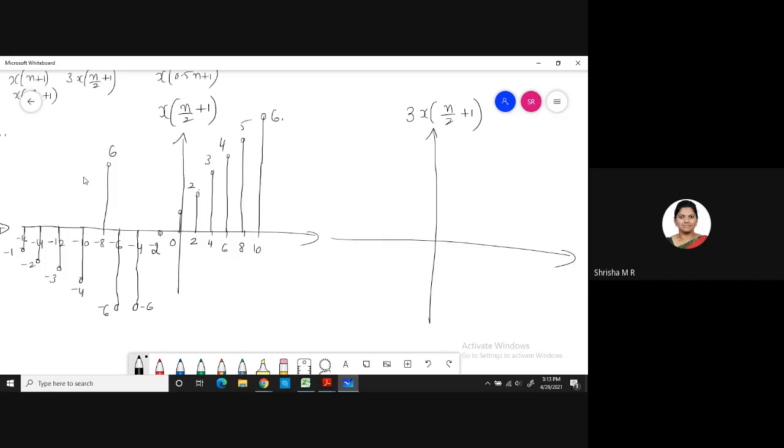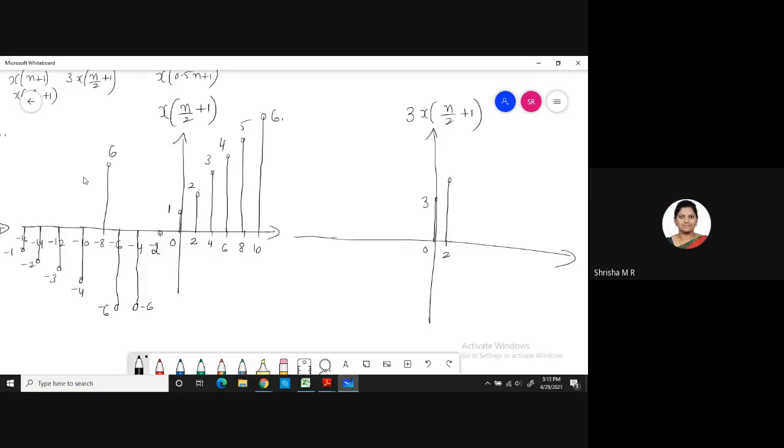So what happens to the signal, guys? Amplitude is multiplied by 3. At 0, you have 1, so 1 into 3 will be 3.